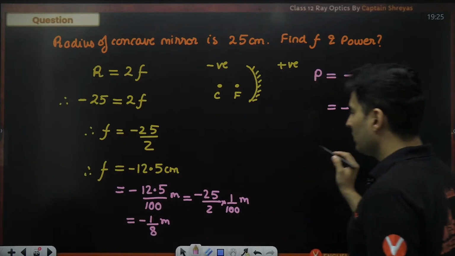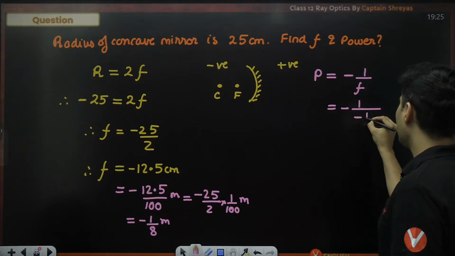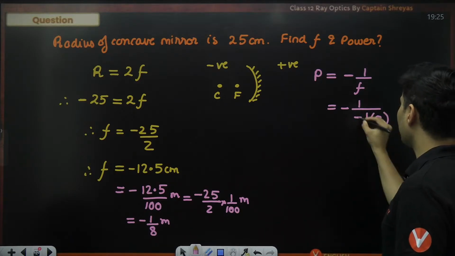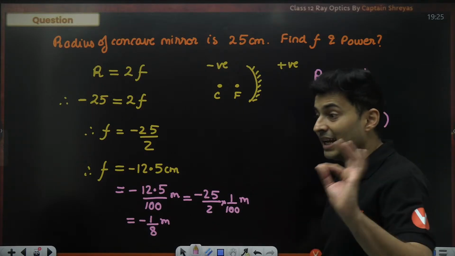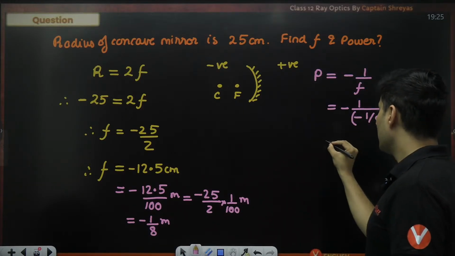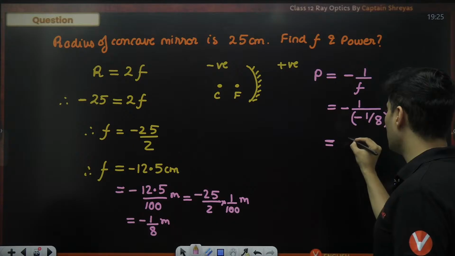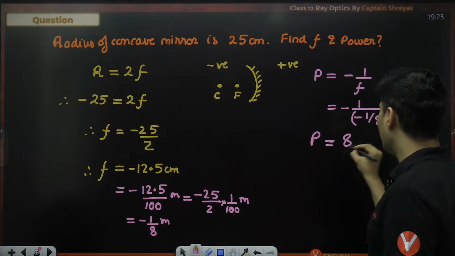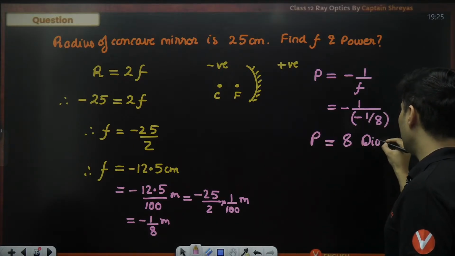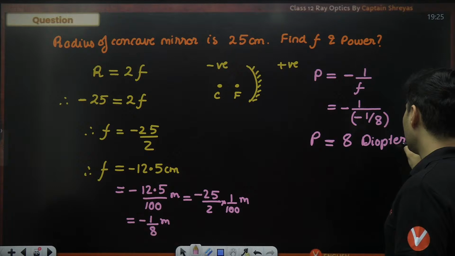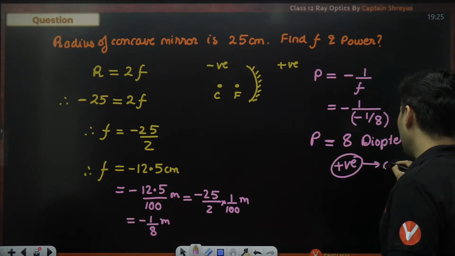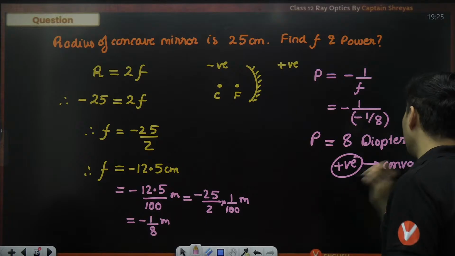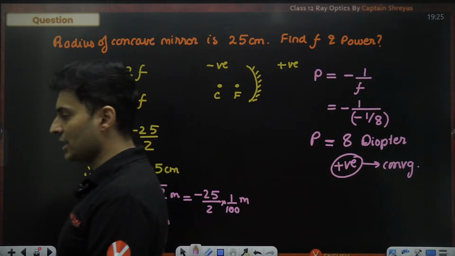Now I can put the focal length as minus 1 by 8 over here, because now it is in meters. Remember, SI units for power. So minus minus becomes plus, 8 goes on the top. So the power will become 8 positive diopters. Because it is positive, it means it is converging in nature.